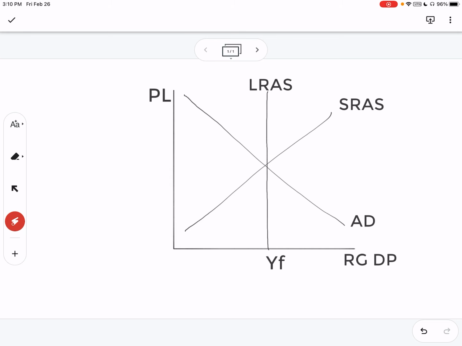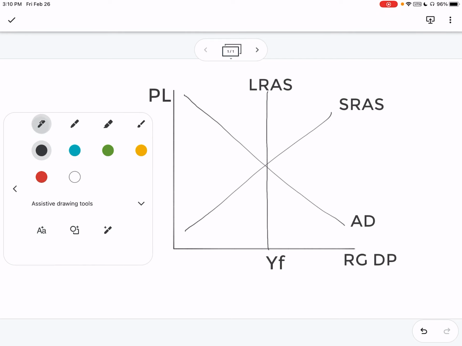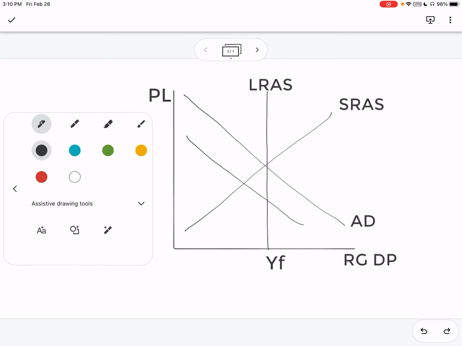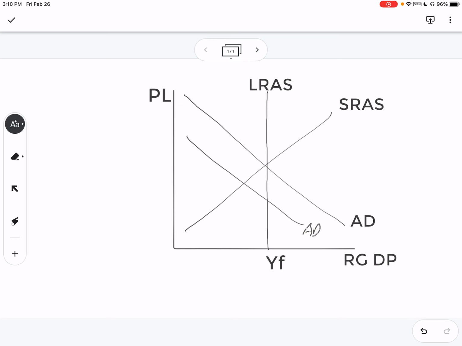Now, you remember that if we have a recession, aggregate demand tends to shift to the left, a decreased consumption. We'll make that fancy looking. You wind up having a decrease in consumption. Call that one AD2.